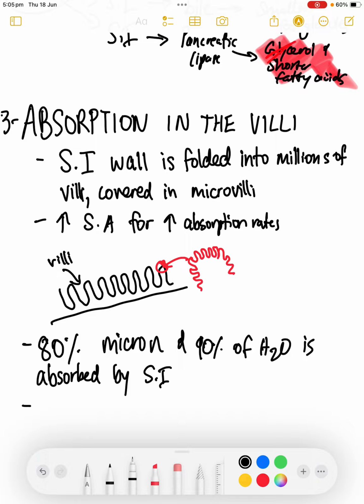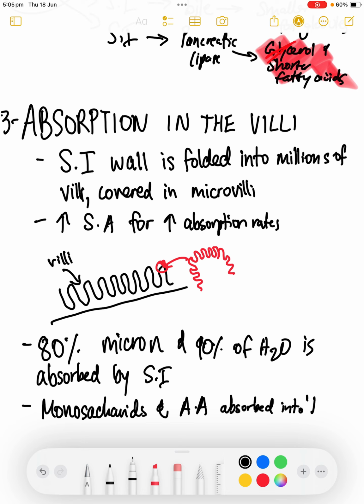So as I said earlier, nutrients are easily absorbed in the duodenum, slower ones in the jejunum and ileum, and monosaccharides and amino acids are absorbed into the bloodstream here.